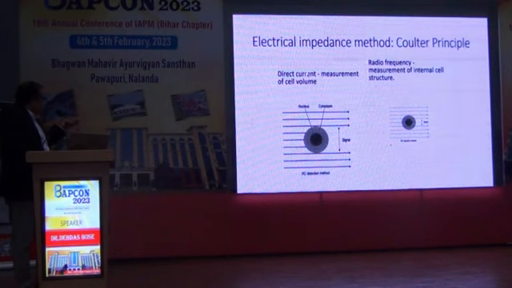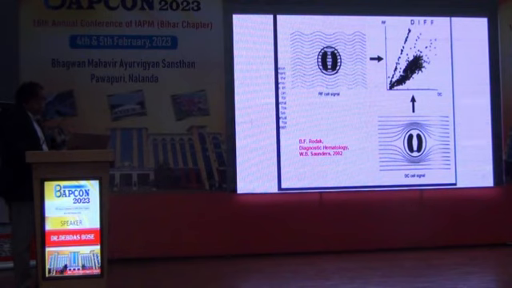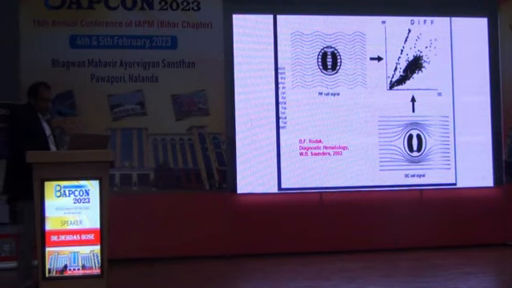So there are two types of current: direct current, which shows the size of the cells, and radio frequency current, which shows the internal structure. Cells are differentiated according to size and categorized based on internal structures.